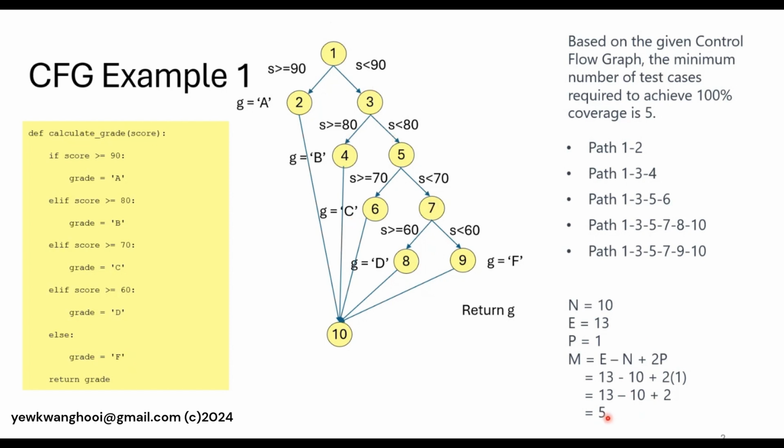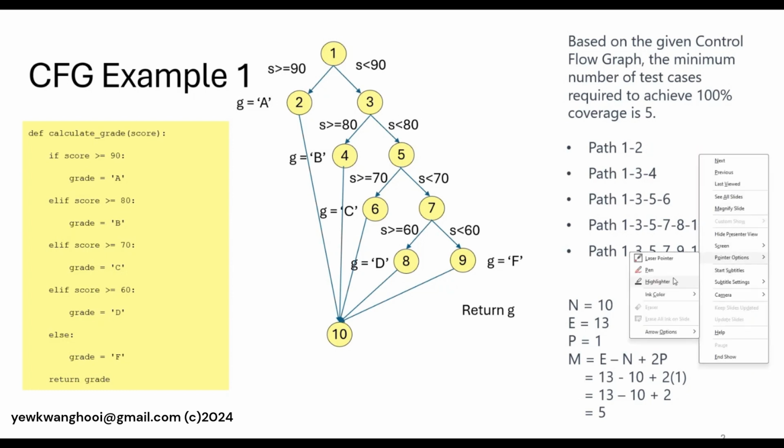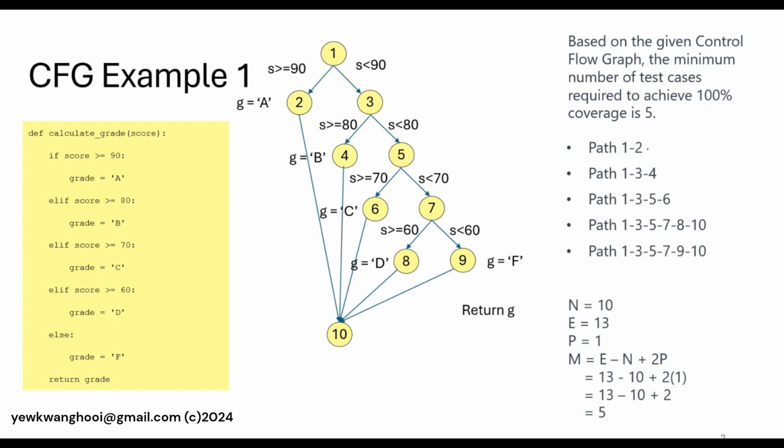So let us explore. If you look at the graph here, you can actually trace the arrow by putting the number. For example, 1, 2, 10. I missed 10 here, but let me write it.